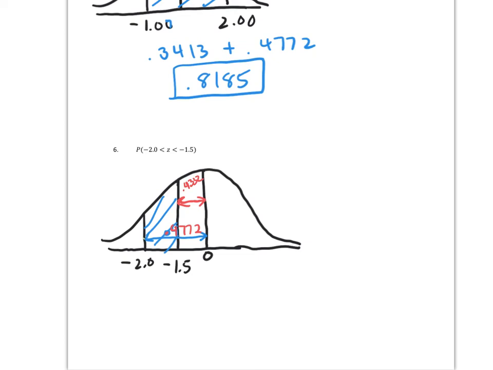So 0.4772 is too much area. Now remember, we're trying to find this. So what we need to do is subtract off the 0.4332, and that will leave me 0.044, and that's that area right there, 0.044, or probability. Probability on the curve, area underneath the curve, it means the very same thing.